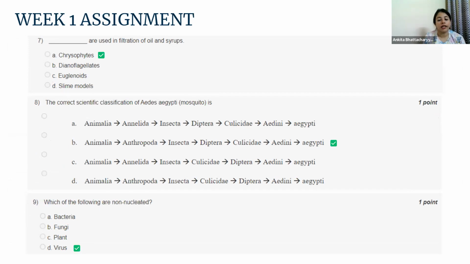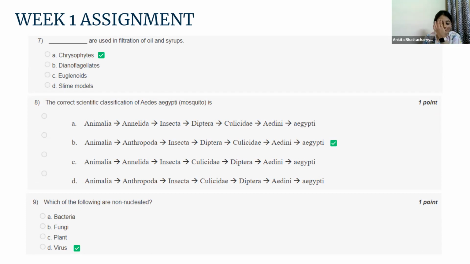Then in question 7, we are talking about organisms that are used in the filtration of oils and syrups. This was a very direct question, and it was about very unique features of chrysophytes. This is something you need to remember as well. The options were chrysophytes, dinoflagellates, euglenoids, and slime molds.